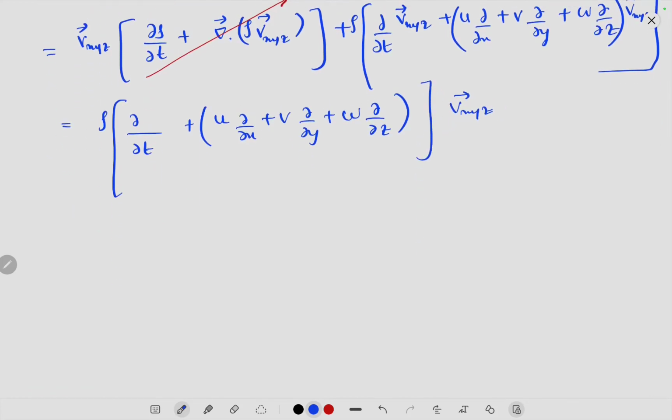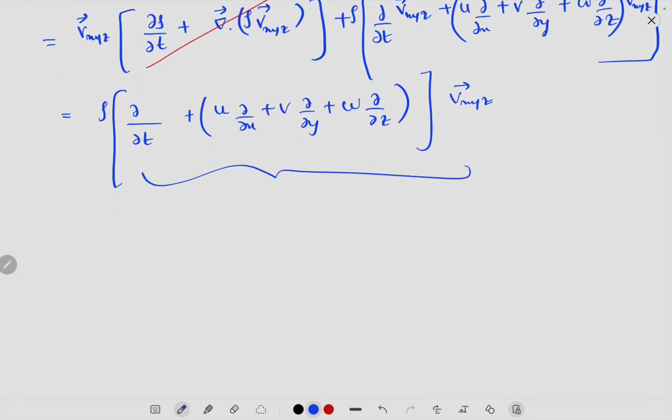Now can you recognize this term? This is our expression for the material derivative, right? If you remember, we can write d by dt of some quantity as del by del t of that quantity plus v dot divergence of that quantity. In this case my quantity is the vxyz vector.